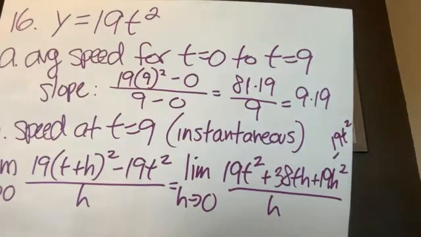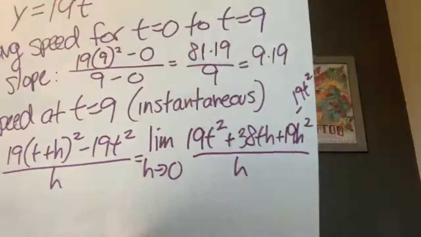And I'm going to skip a step here. We got 19t squared. We got 2th from the inner and outer of a foiling, so we have a 38th plus 19h squared. I ran out of space, 19t squared. Okay. So if you're still with me, there's the next step.